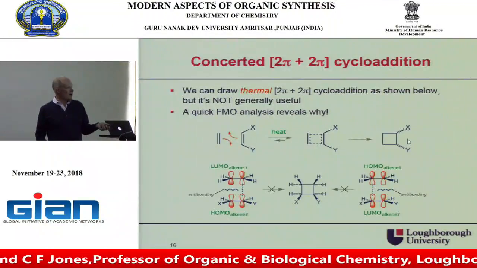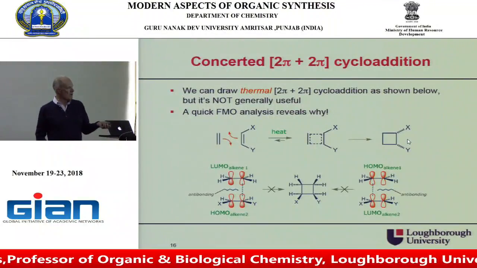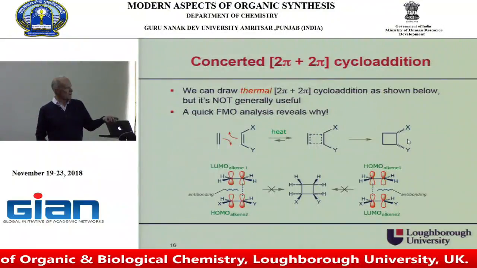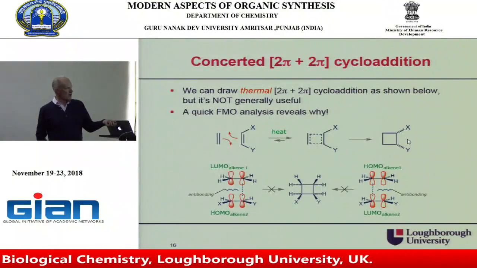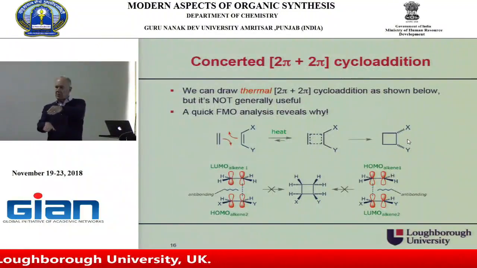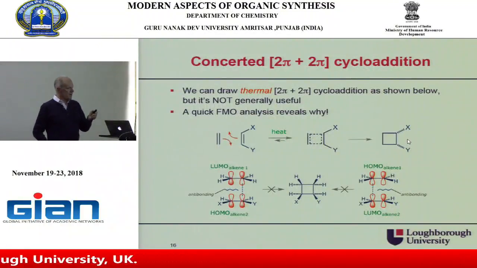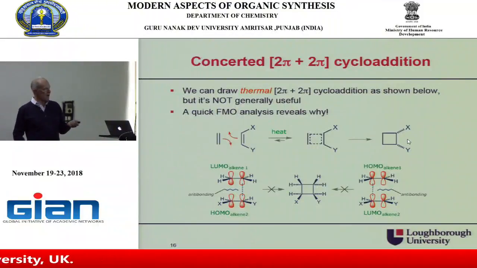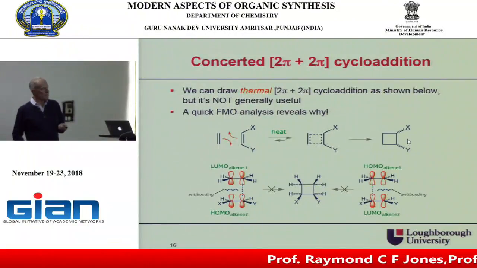Thermally, we'd have to have a HOMO and a LUMO, so there's the HOMO of one alkene, here's the LUMO of another, and with a simple geometric approach, you can't get constructive overlap to form both bonds at once. So it doesn't work, unlike the 4 + 2 case.